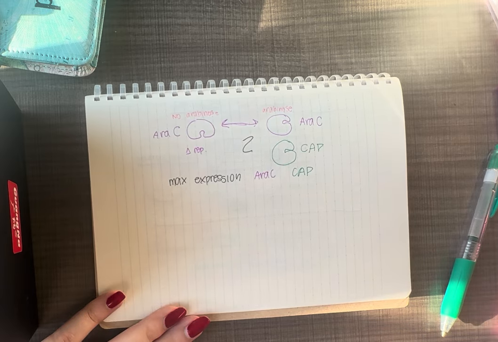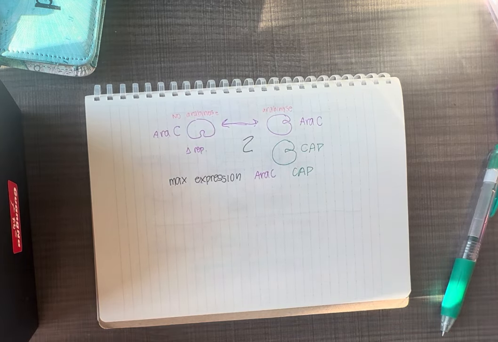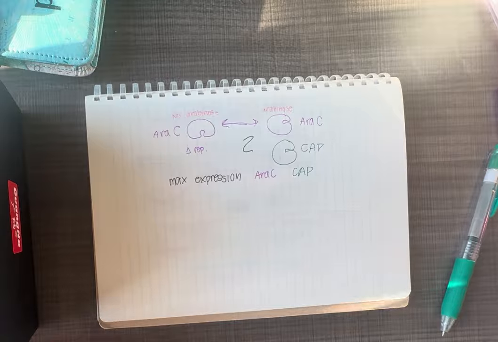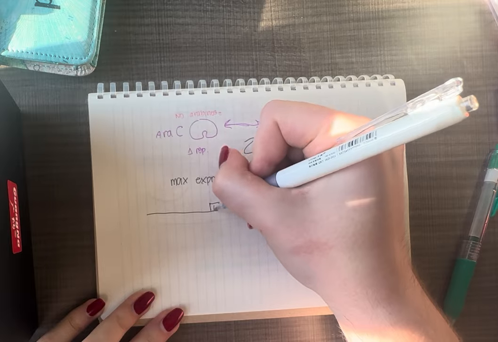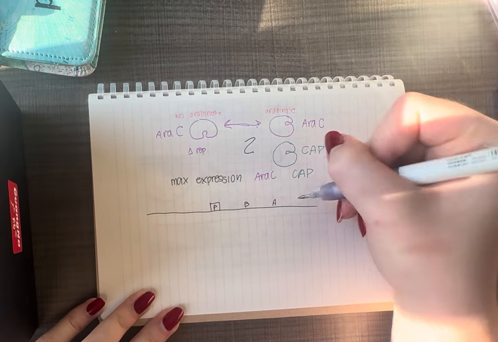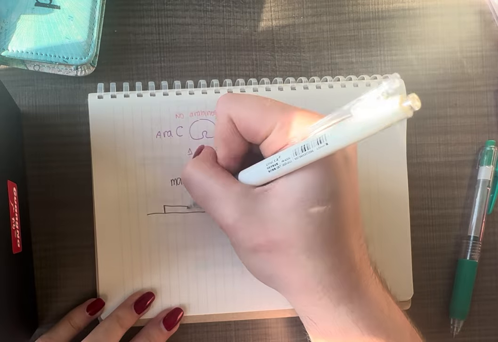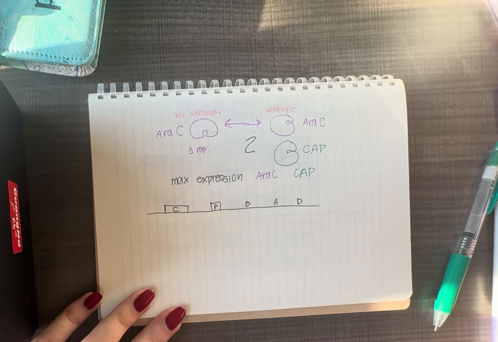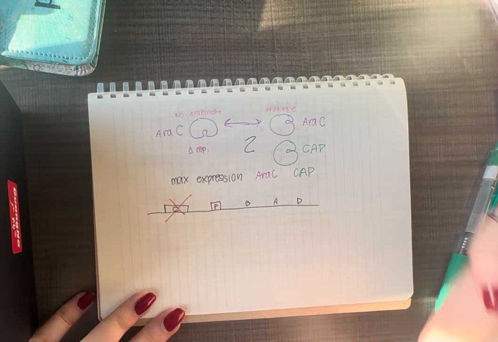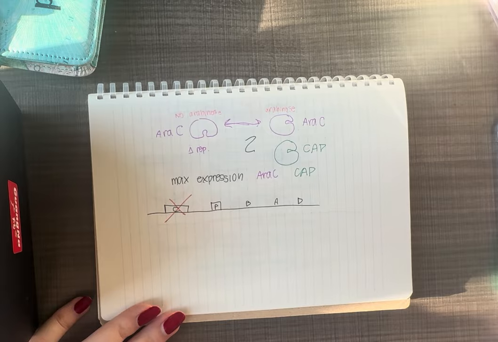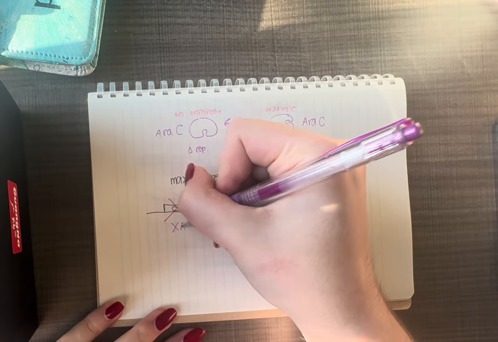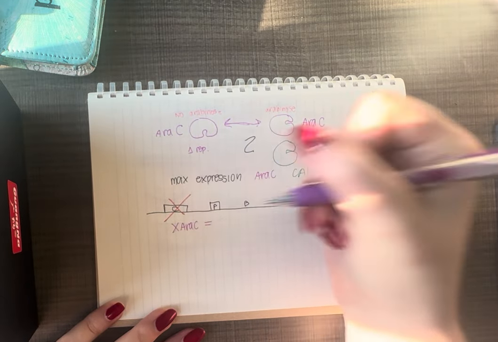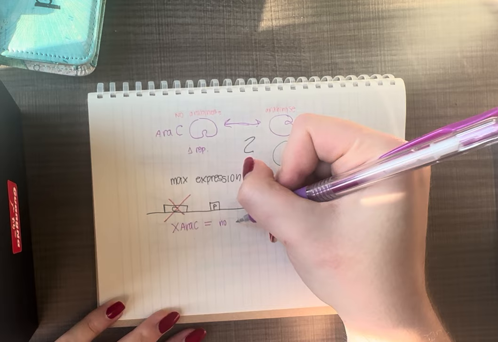So I want you to think about this and think of the mutations that we talked about. What would be the effect of a mutation? Again, promoter, you have B, A, and D, and you have the AraC gene. What if the AraC gene was broken? Well, no AraC means no repression.